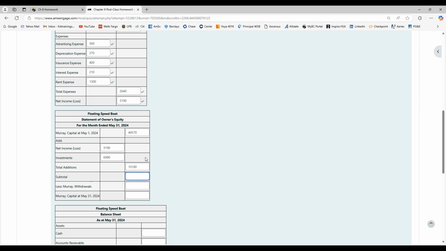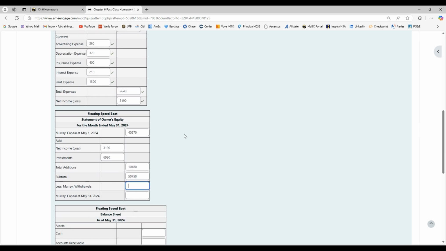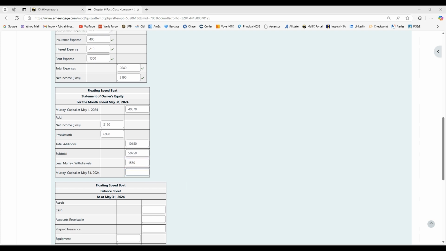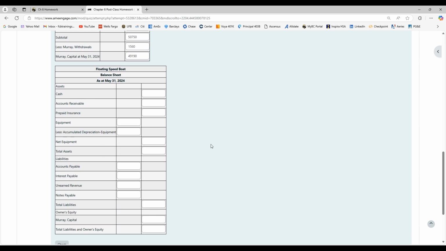That's the sum of those two, and then we just need to add these two together here. So 10,180 plus 40,570 gives us 50,750. And then we have our withdrawals of 1,560 we want to combine in here. So that's the final piece that we're going to subtract out. And that leaves us with an ending balance in capital of 49,190.